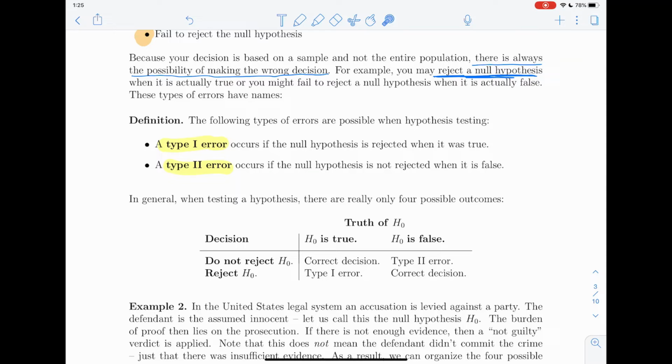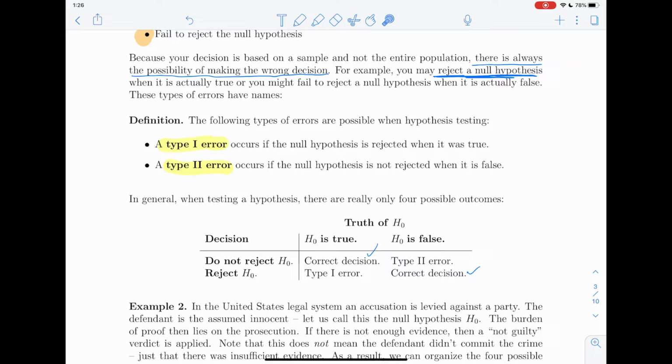If, for example, for the population the null hypothesis is true, and we chose not to reject it, then we've made the right choice. That's a good thing. Check mark. Similarly, if the null hypothesis is actually not true for the population, and according to our math on the sample we determine that we're going to reject it because we don't think it's true, then again we made the right decision.